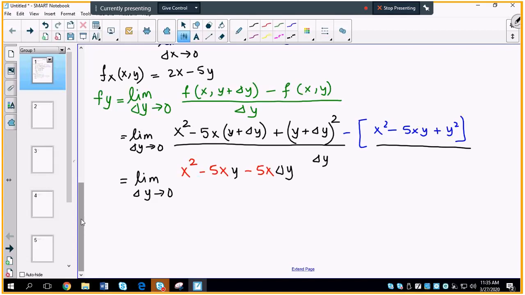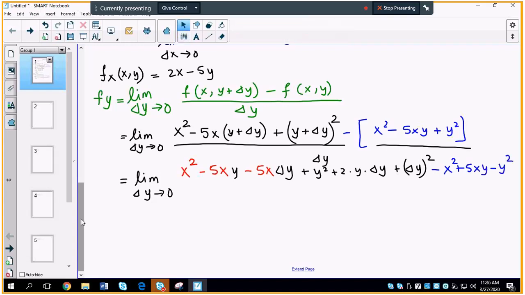And then I have y plus delta y squared, which I'm going to write as y squared plus 2 times y times delta y, plus delta y squared. Minus all those terms, minus x squared plus 5xy, because I'm distributing the minus, minus y squared. And all of that is over delta y.